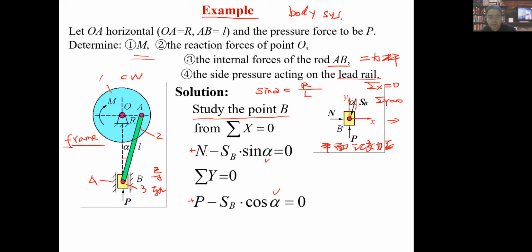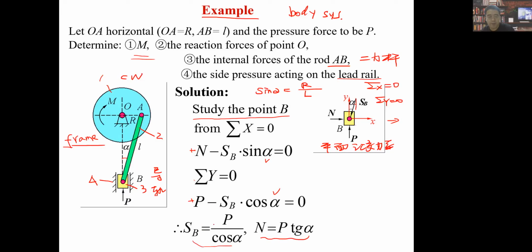So from these two equations, we can find SB equals P over cosine alpha and N equals P times tangent alpha. So you see, we find the slide pressure acting on the lead reel, actually this. And the internal force of rod AB is this.